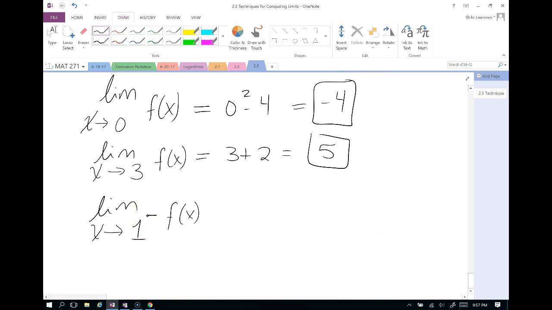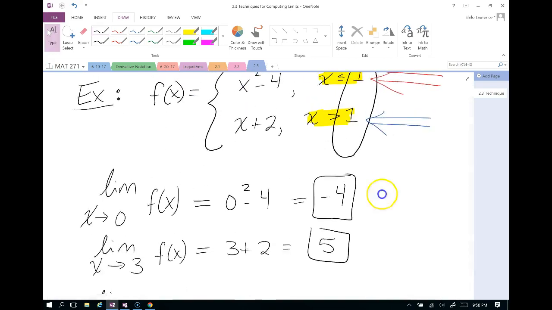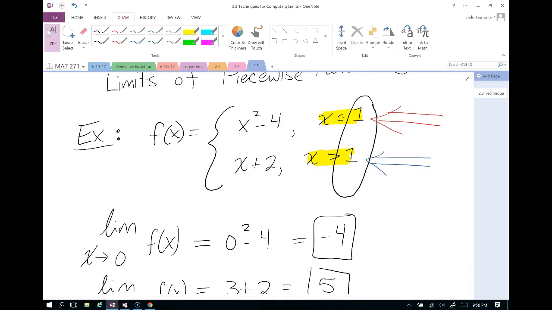So you can always think in your mind of some examples. If I'm approaching from values that are smaller than 1, I'm approaching from values like -2, -1, 0. Those are all values smaller than 1. Which one of these pieces uses values that are smaller than 1, or to the left of 1?